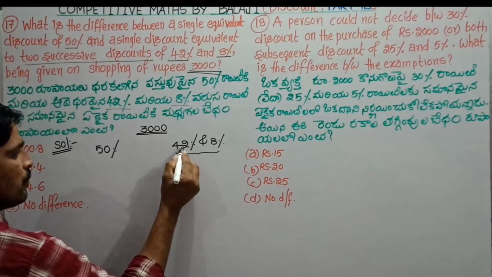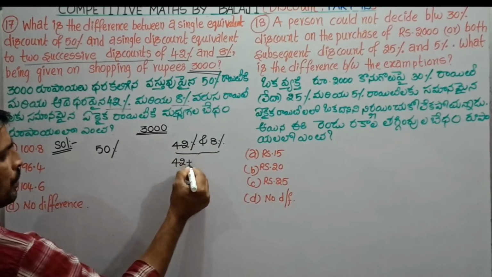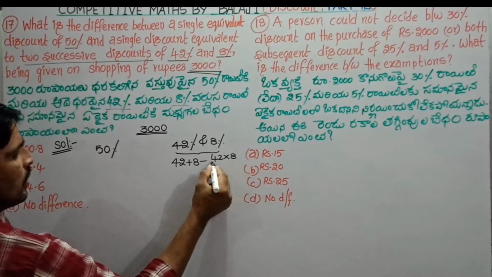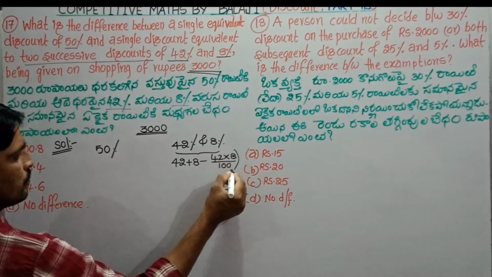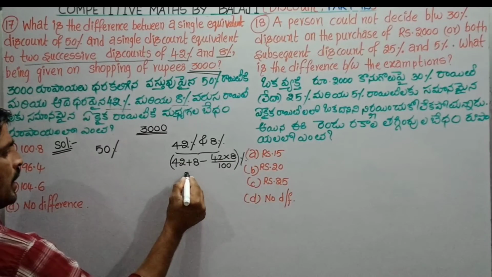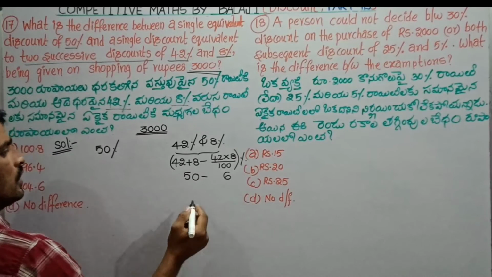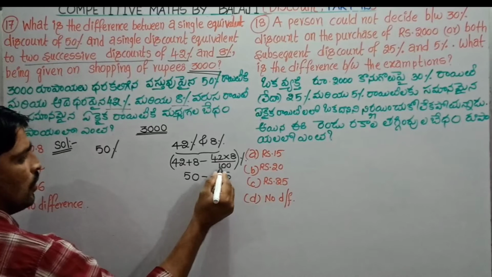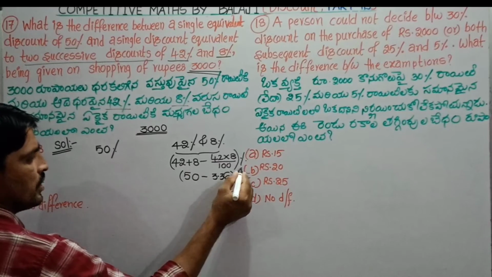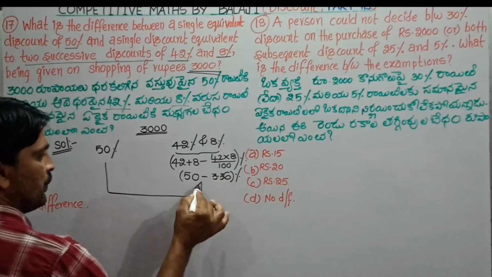Single equivalent discount of 42% and 8% is 42 plus 8 minus 42 into 8 over 100%. 42 plus 8, 50 minus, 8 4s are 32, 8 2s are 16, 50 minus 33.6. So it is 46.64%.